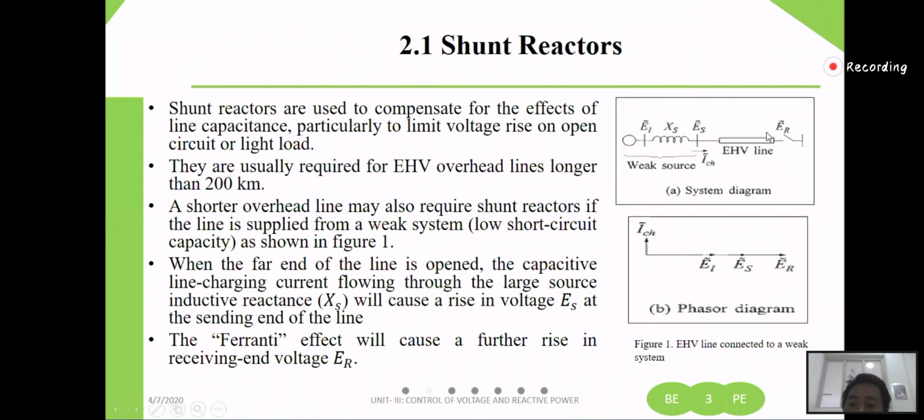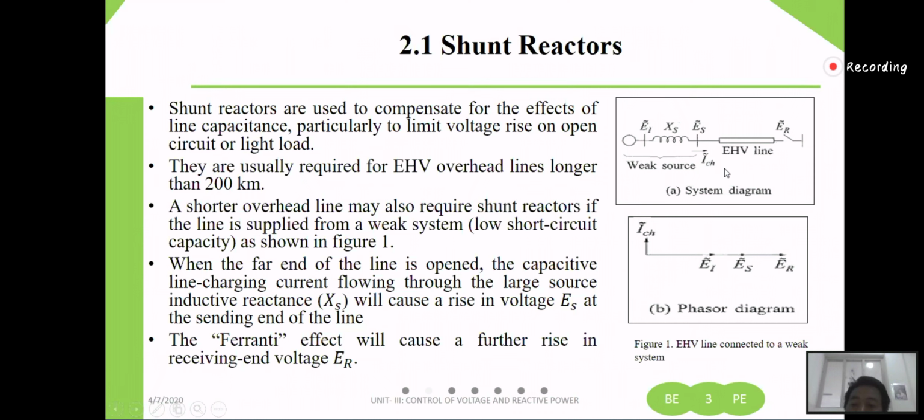Once more I will explain this. When we try to switch off the line, the line charging current through this large source having an inductive reactance XS will rise the sending end voltage ES, and then the Ferranti effect will cause a further rise in the receiving end voltage.